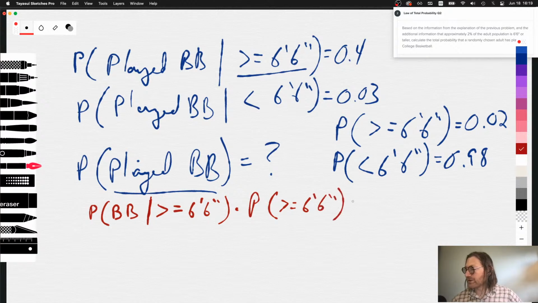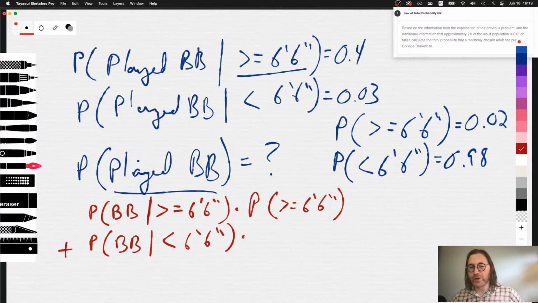We're composing this with, and I'll do it on a new line because I think my face might block this out, the probability of played basketball being less than 6'6", and we can multiply that by the probability of being less than 6'6".